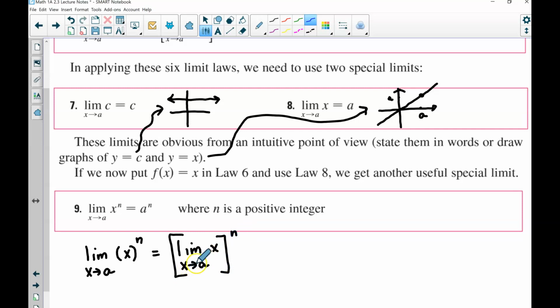Now, if x is approaching a, then the limit of that function x would equal a, so we get a to the nth power. And we'll elaborate more on that as we go along.